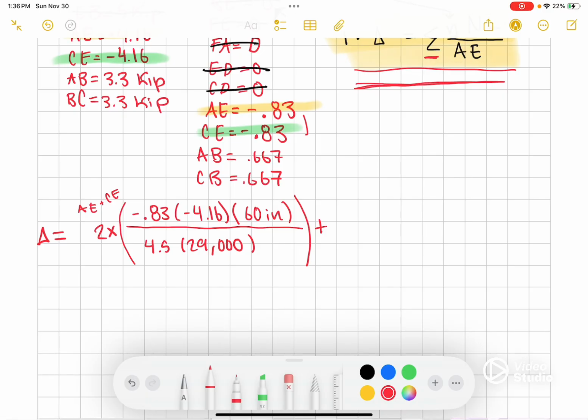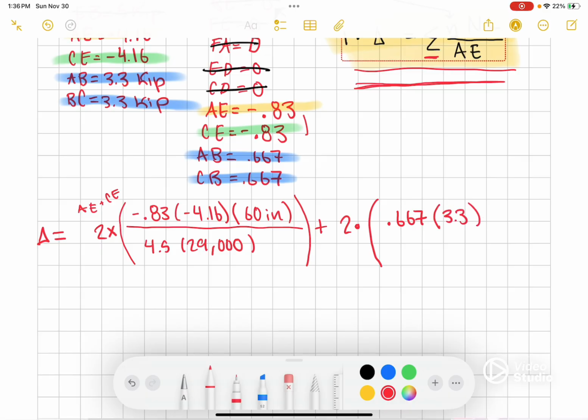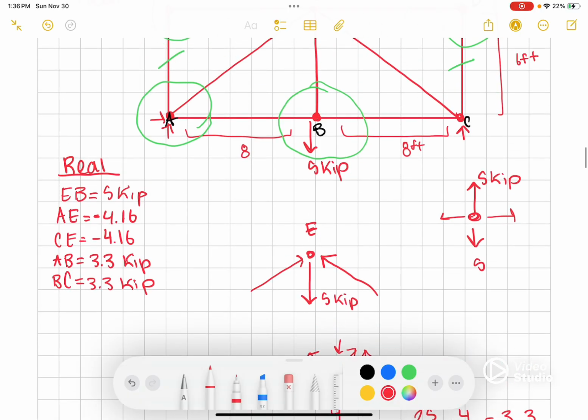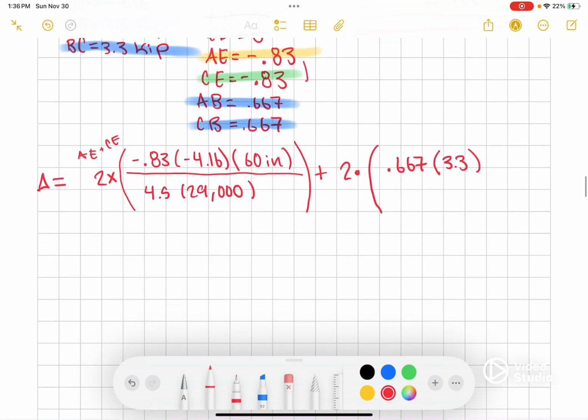With our next one here is that these next two are also the exact same sign, exact same number. So we can also just do 2 times. Right, our little n is going to be 0.667. Big N is 3.3. Our length, AB and BC, are the same, so 8 feet, which equals 8 times 12, 96 inches.